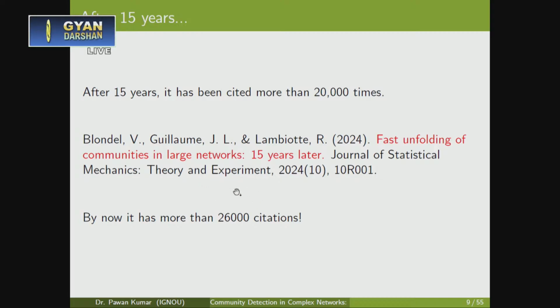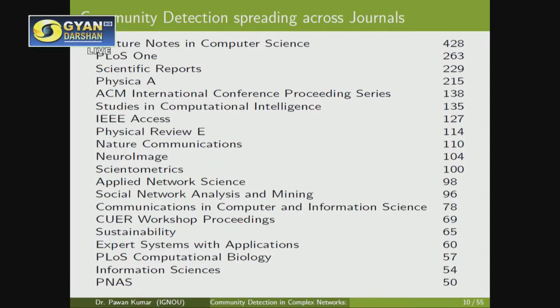Okay, now, what was the content of this article? Why was it being cited so many times? They analyzed this article, and found that it has been cited in various kinds of journals.